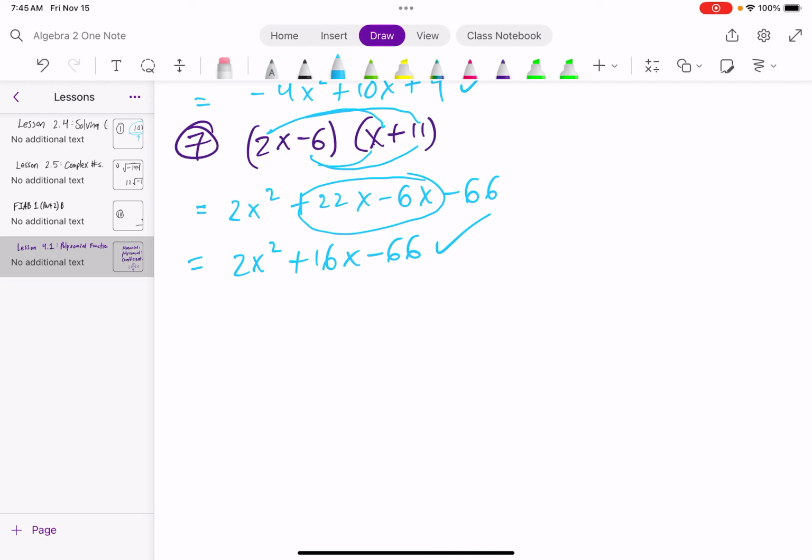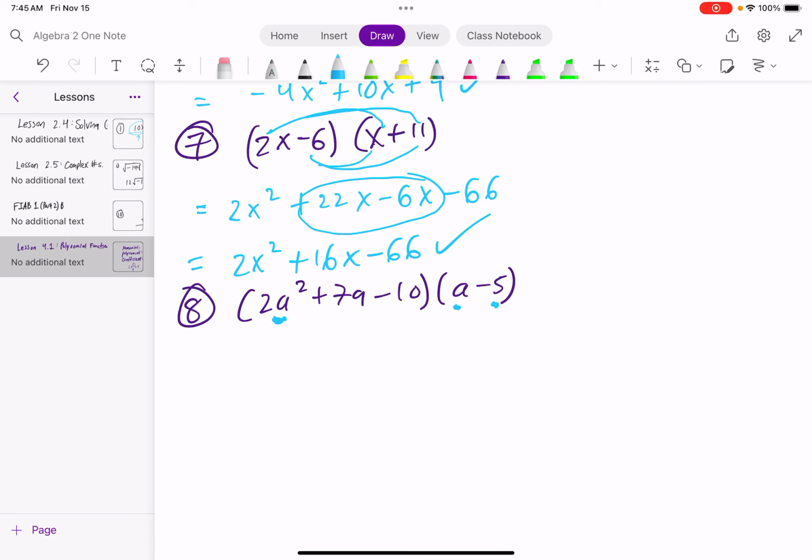All right. Number 8. It is the same thing. So for this one, we're just going to basically multiply this times this, and then this again times this.